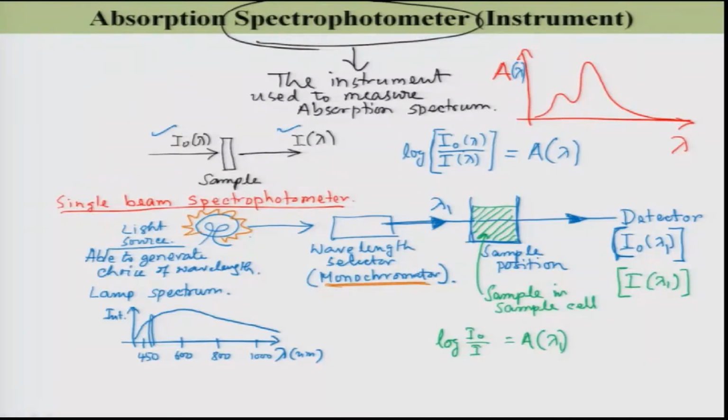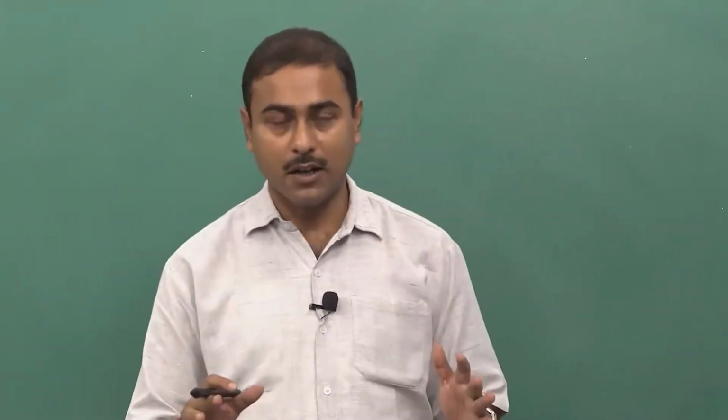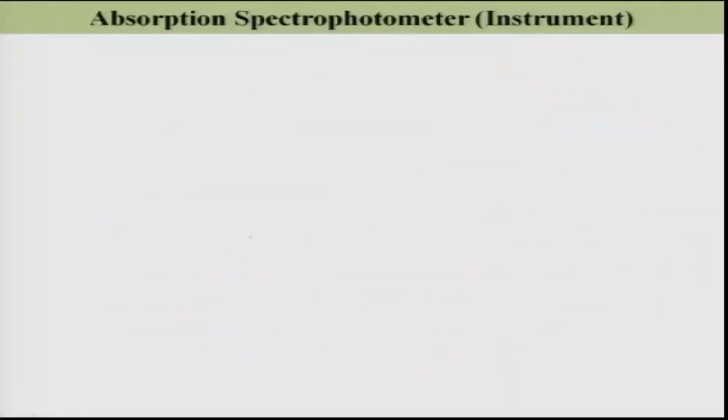If I plot the output intensity of this lambda 1 from this tungsten filament lamp as a function of time, the wavelength is obviously already selected as lambda 1.